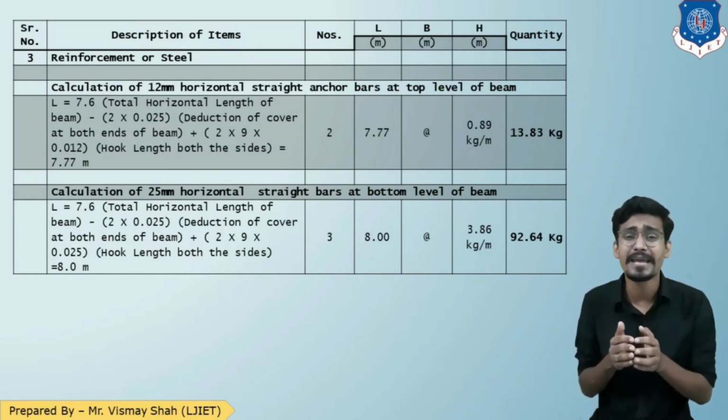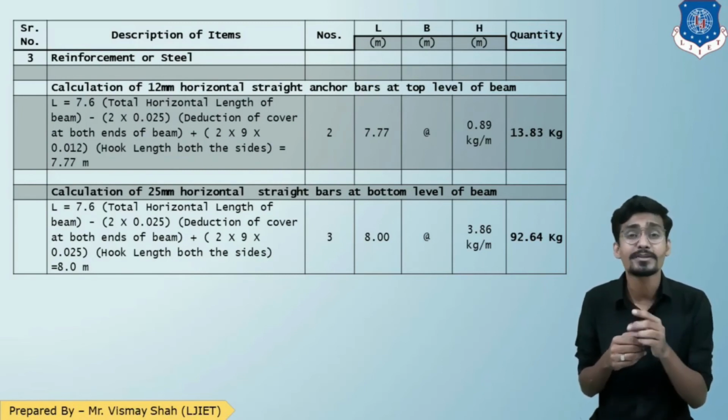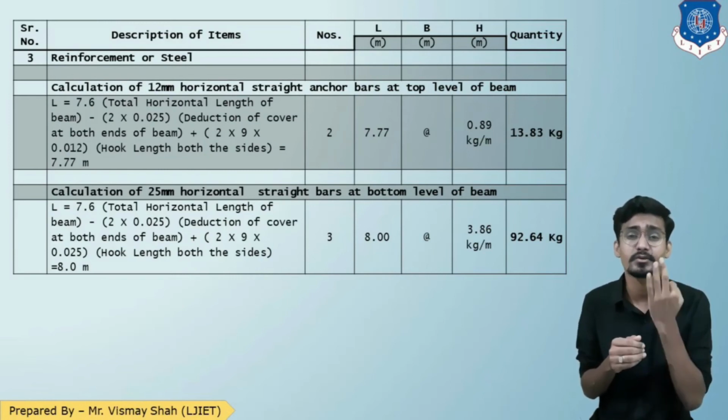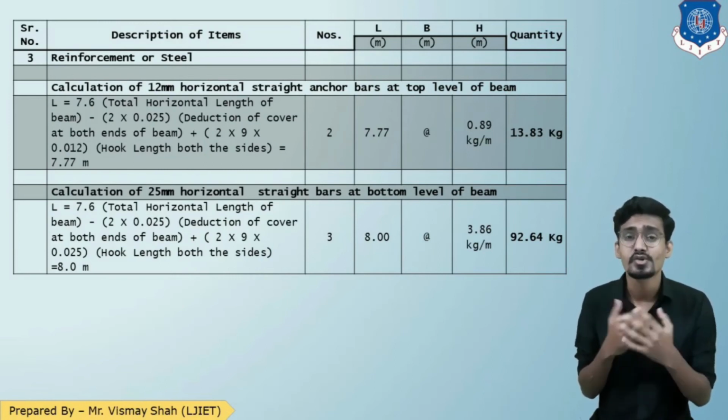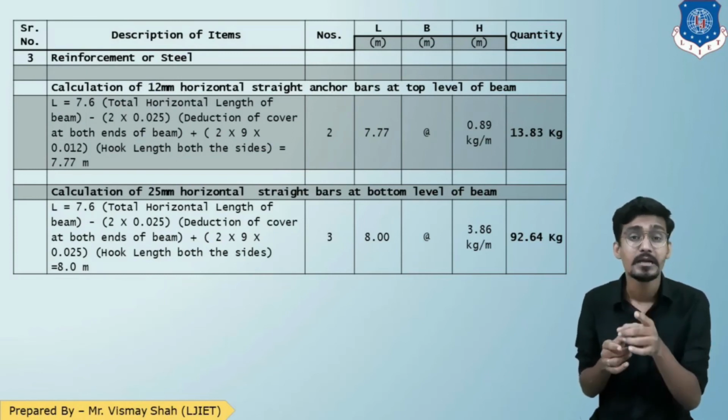Now doing the same calculation for the bottom level 25 mm bar in which 2 were bent up. That means 3 were straight. So applying the same logic, total length is 7.6 minus 2 times the cover plus 2 times the 9D. But here D is 25 mm.